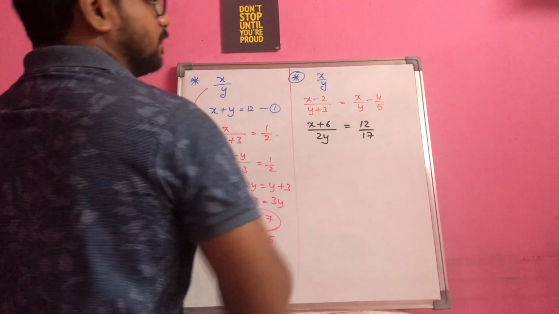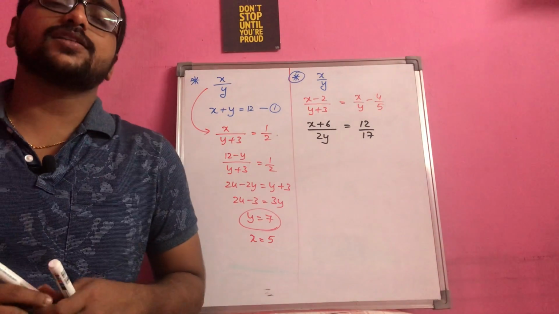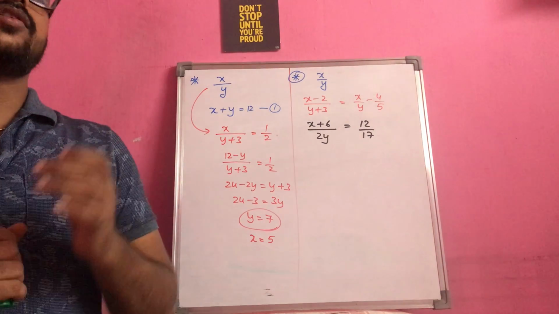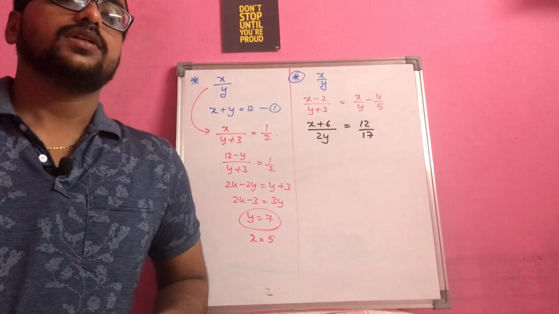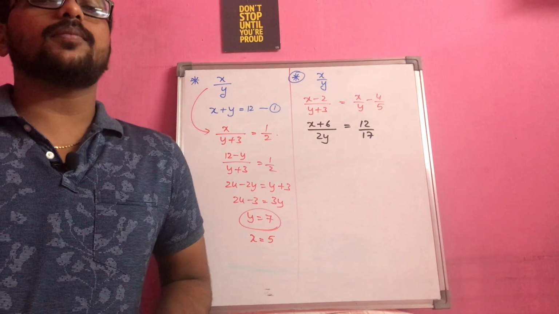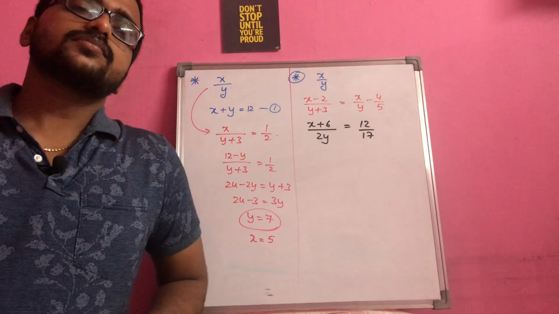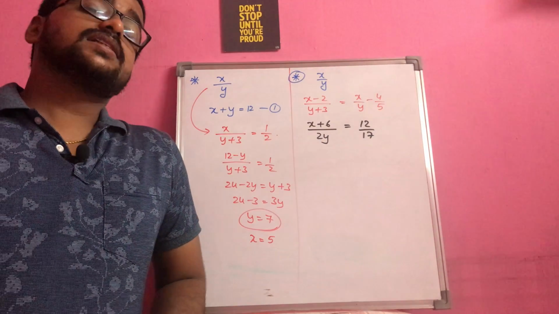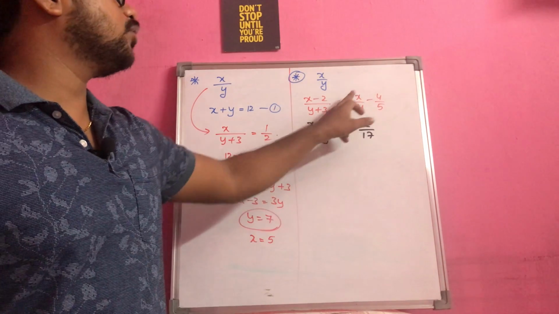So that is 2y. You should understand the words. What do you mean by reduces by? What do you mean by reduces to? Reduces to 12 by 7 means whatever fraction you are having, that is equivalent to 12 by 7. When they say reduced by 4 by 5, you have to do it like this.